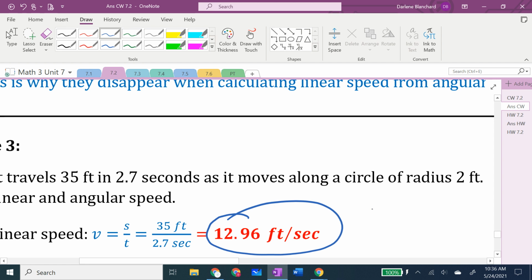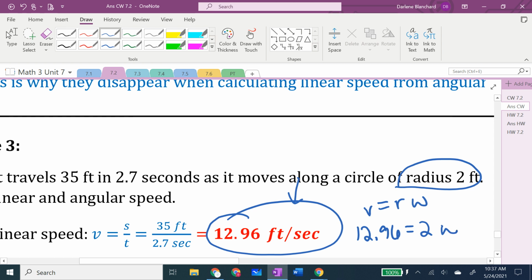If I then use the formula that my linear speed is equal to radius times angular speed, I know my radius is 2 feet. I know my angular speed. I can write an equation. 12.96 equals 2 times angular speed.